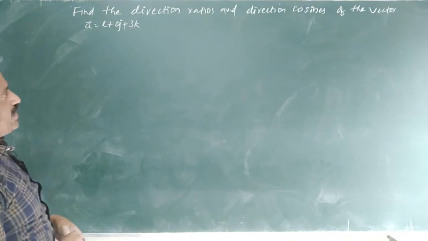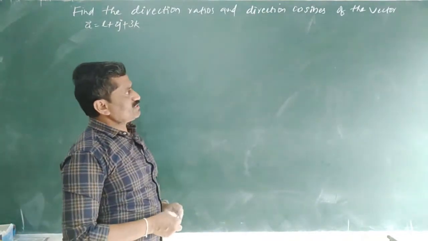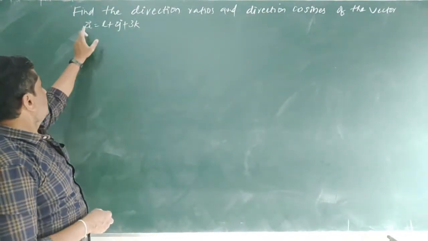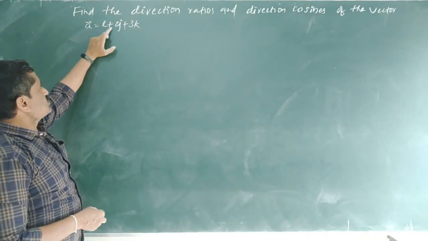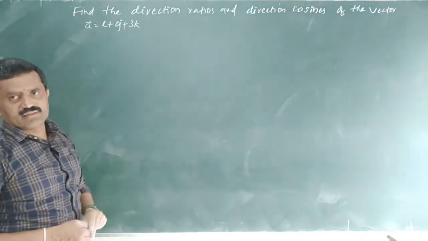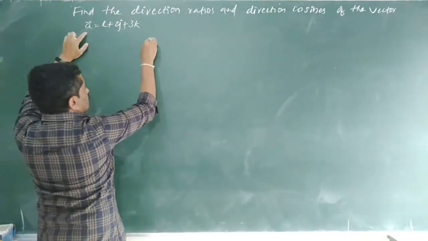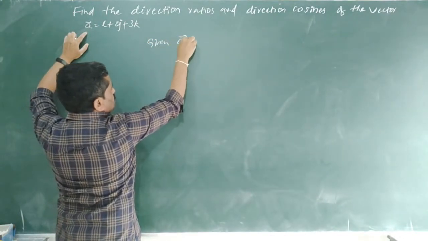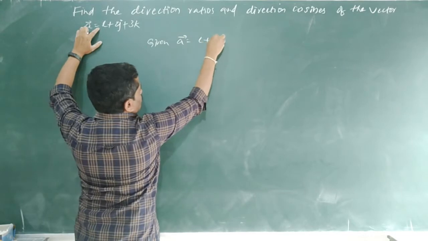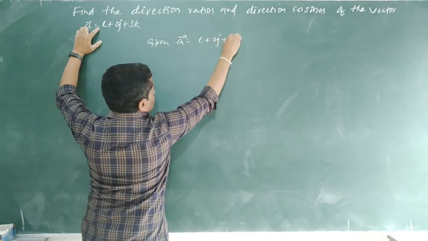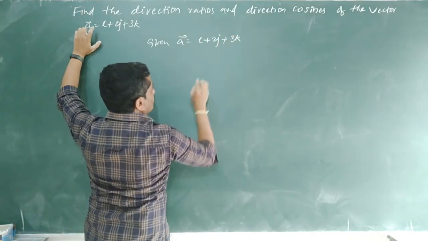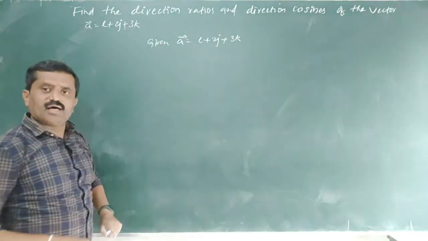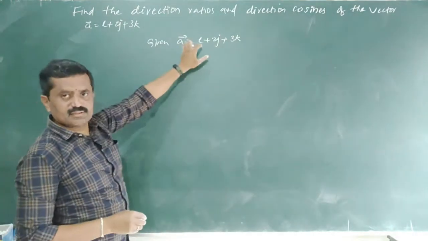Find the direction ratios and direction cosines of the vector i plus 2j plus 3k. Here, given that vector A is equal to i plus 2j plus 3k. Now we have to find the direction ratios and direction cosines of this vector.